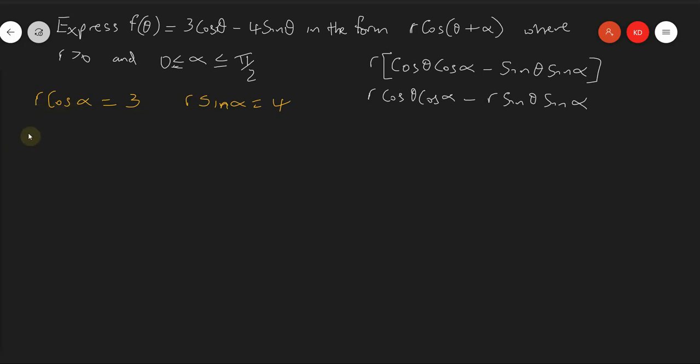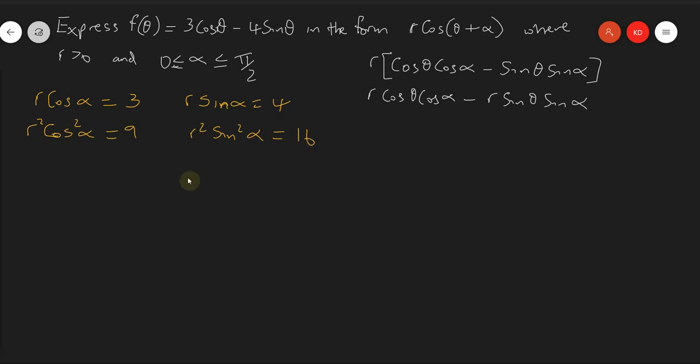If we square both sides here, we get r squared cos squared alpha equal to 9, and if we square both sides here, we get r squared sin squared alpha is equal to 16.